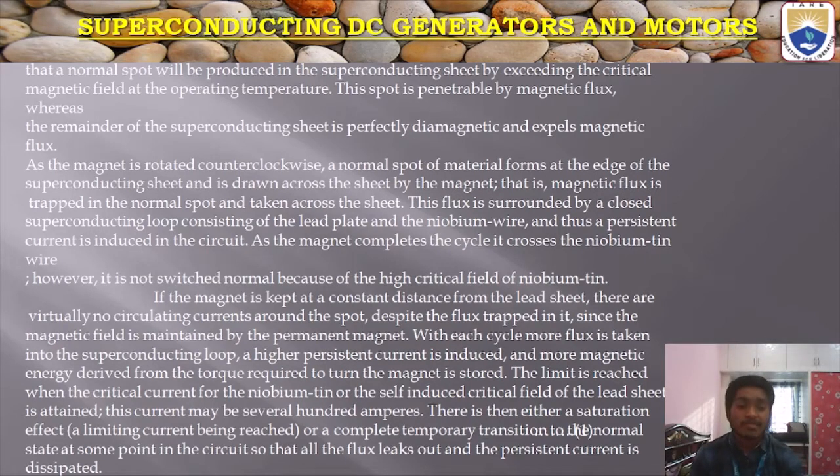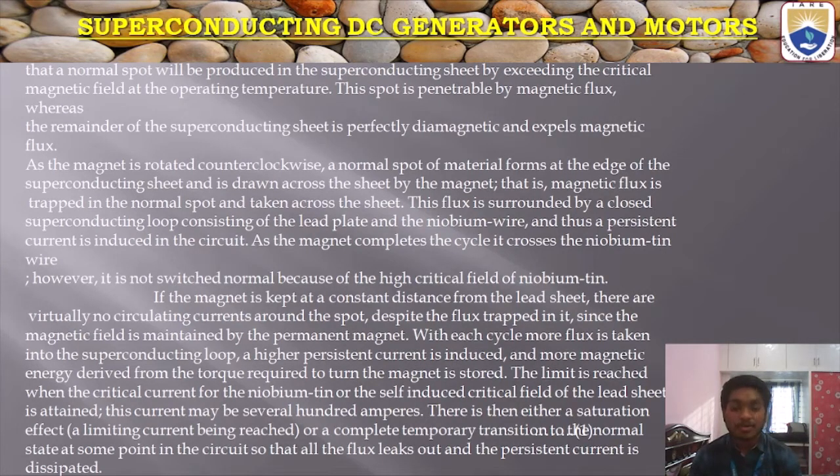With each cycle, more flux is taken into the superconducting loop, a higher persistent current is induced, and more magnetic energy derived from the torque required to turn the magnet is stored. The limit is reached when the critical current for the niobium plate or the self-induced critical field of the lead sheet is attained. This current may be several hundred amperes.